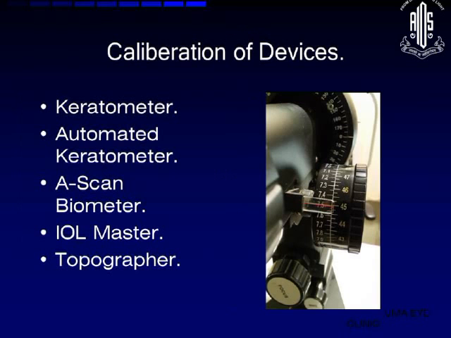Now, calibration of devices is something which you really need to do. You don't have to do it yourself, but you get the companies whose machines you own to come and do them routinely, at least quarterly. You need to calibrate your keratometer, your auto K if you have one, your A scan, your IOL master, and your topographer if you have one. Calibration is important.